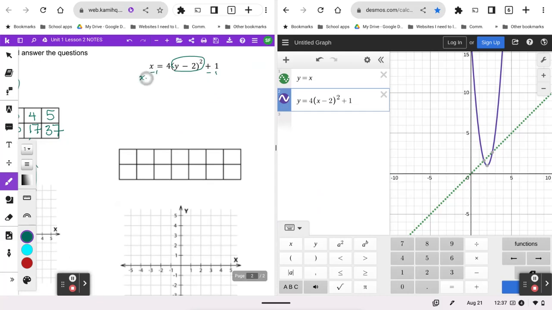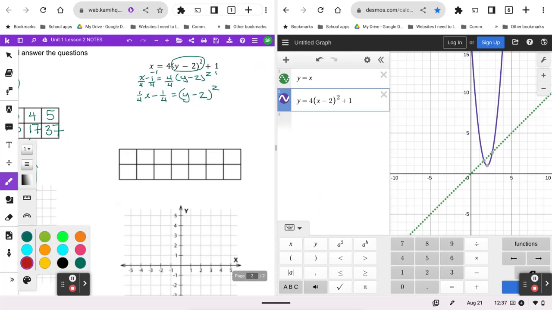We're going to get X minus 1 equals 4 times Y minus 2 squared. Divide everything by 4, and we're going to get 1/4 X minus 1/4 equals Y minus 2 squared.